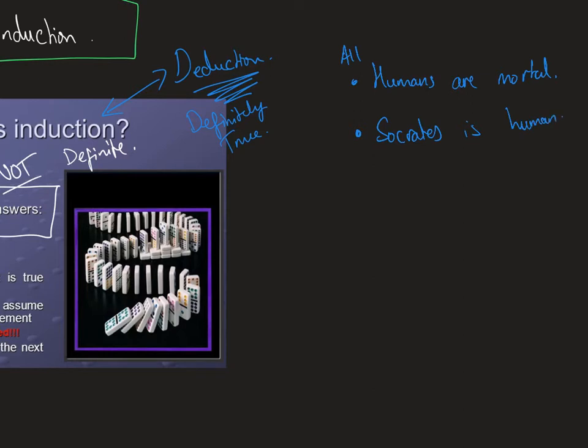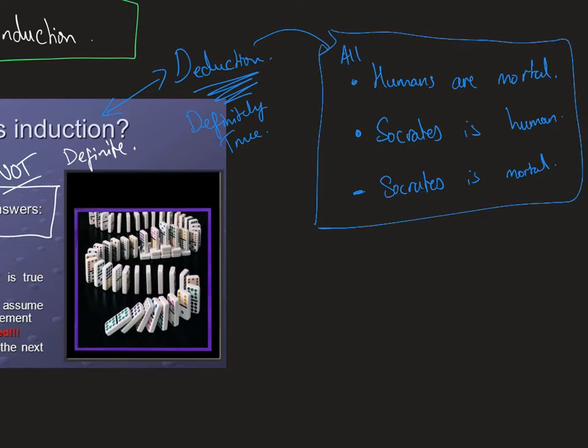What's the conclusion that you make from that? If all humans are mortal and Socrates is a human, it means Socrates is mortal, doesn't it? That is a deductive argument. That's why it's in blue. There is no way that that is wrong. That simply has to be true.